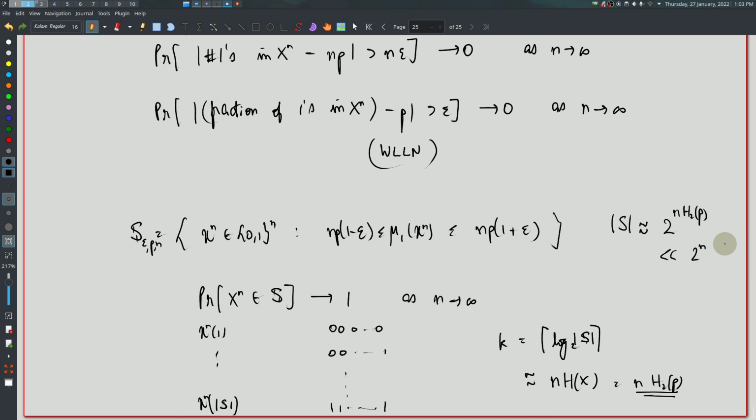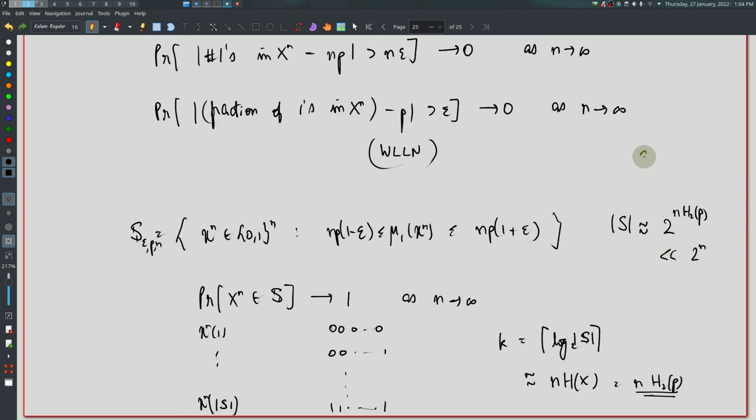Yes. H2(P). Yes. Yeah. So for example, if H2 of P is 0.1, right, then this is 2 raised to 0.1n, but 2 power n is the total number of binary sequences of length n, right? So in effect, you're discarding a lot of the sequences, or many of the n length sequences.